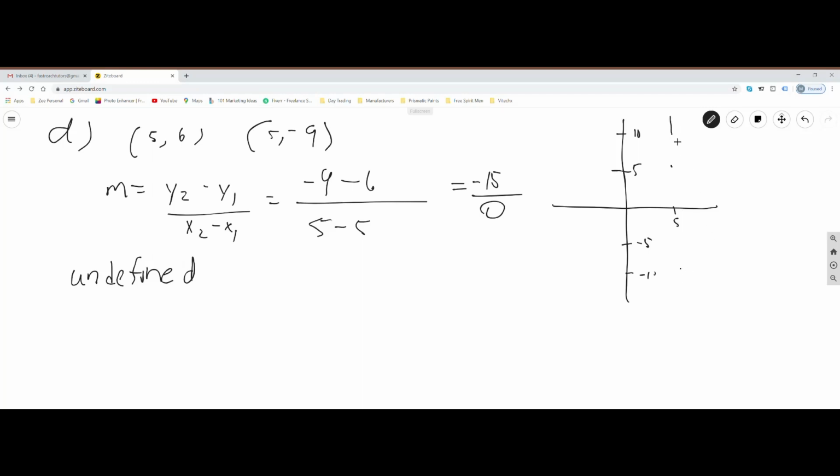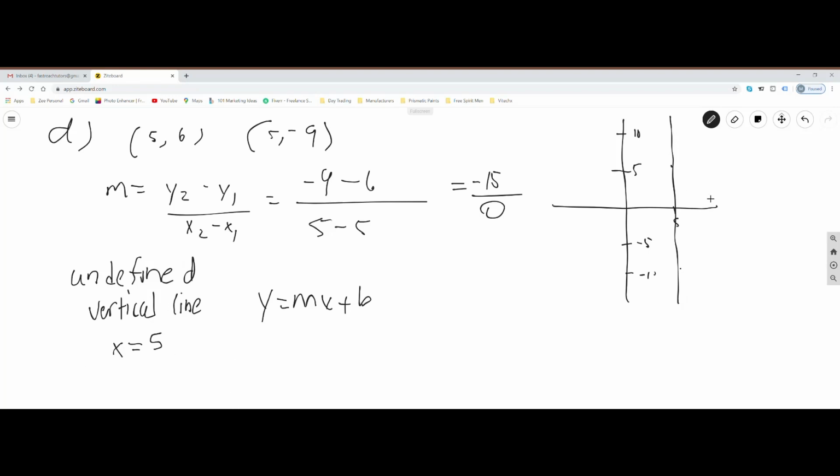If you notice, it's a vertical line. So for vertical lines, the slope is undefined. The equation for a line is y equals mx plus b, but there is no y-intercept, so the equation for a vertical line is just x equals 5, because this line is always on 5.